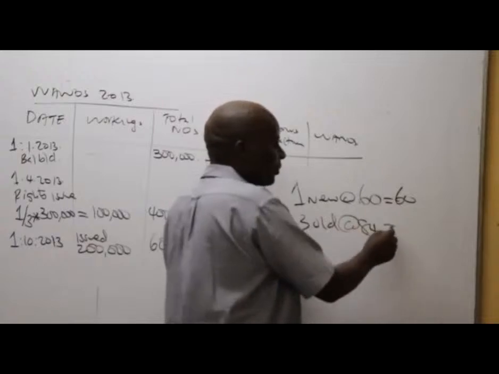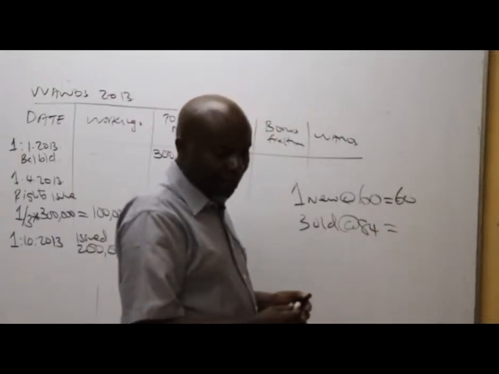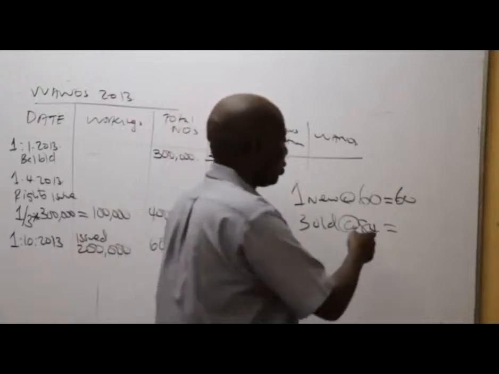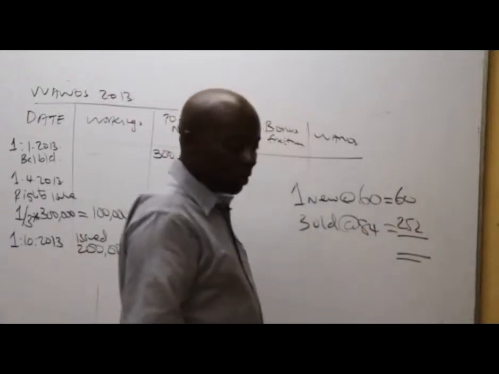3 times 84 gives me how much? They are saying 66 again. 252. So when you add all of them, how much is the total value?